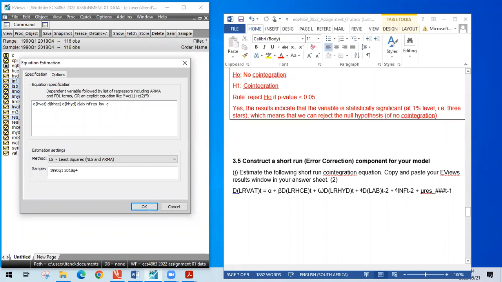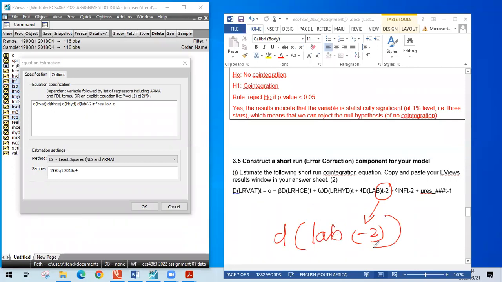The lab, there's a D, but it's lagged. It's lagged how many times? 2 times. So let's open a bracket and show it -2. We don't put a t. Here, if you look, it's written t-2, but when you are inputting in EViews, we just put -2. So it's like we are having D, lab, -2, then you close.